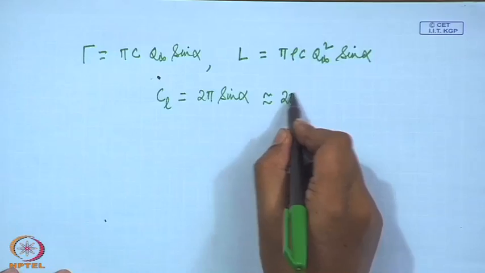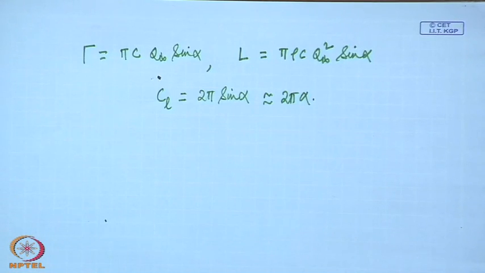And for such small angle of attack, we can make an approximation which is 2 pi alpha.